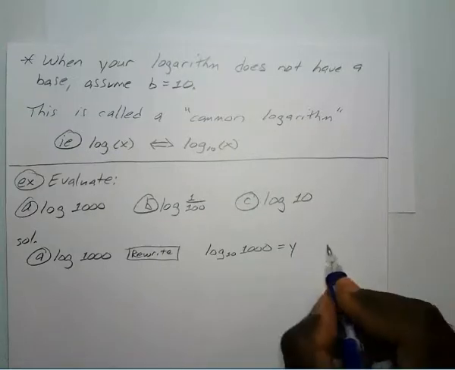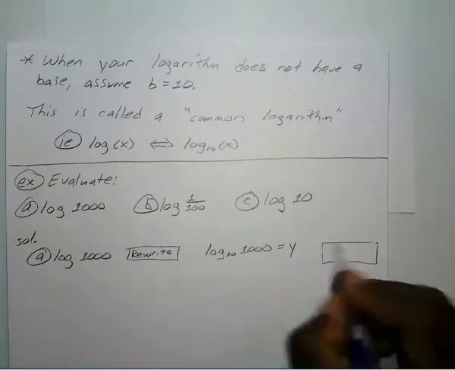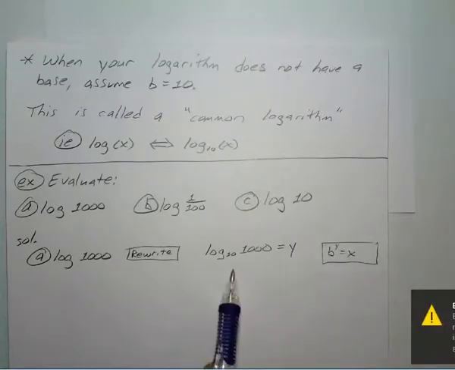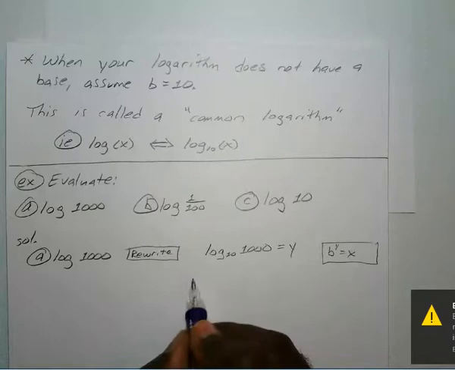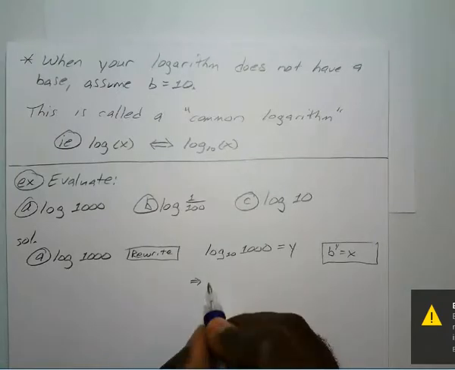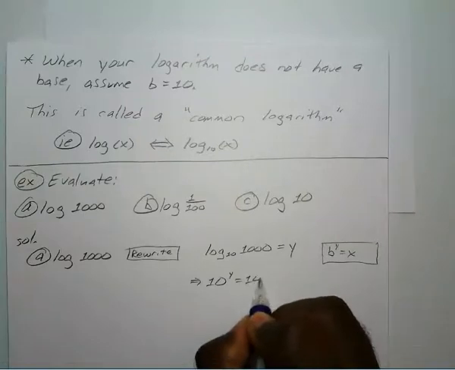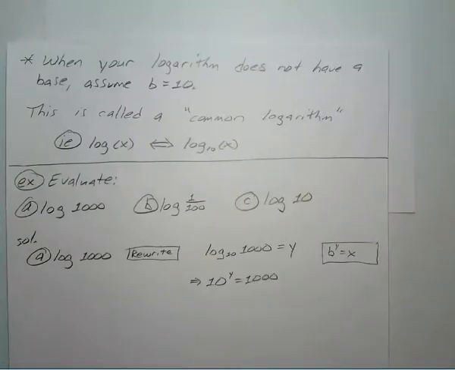Okay. So remember, you want to convert that to b to the power of y equals x. So this is your base. So you have a base of 10 to the power of y equals 1000.